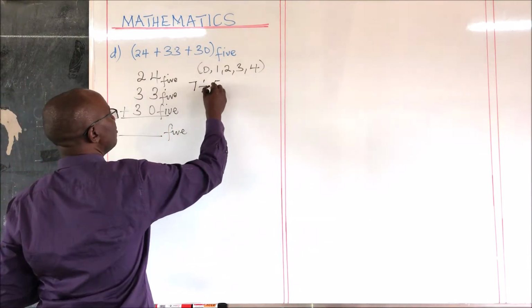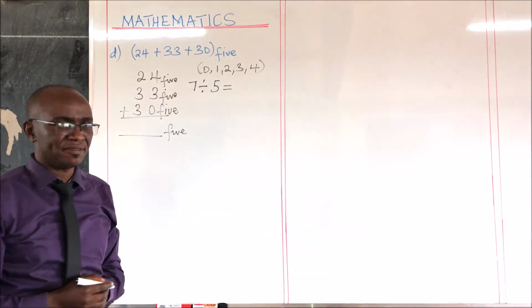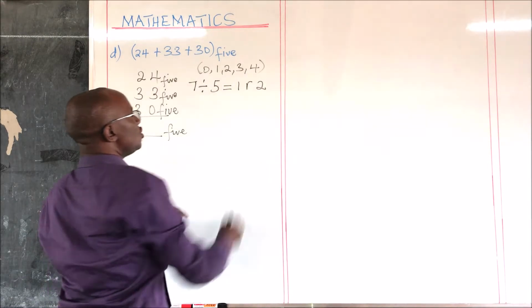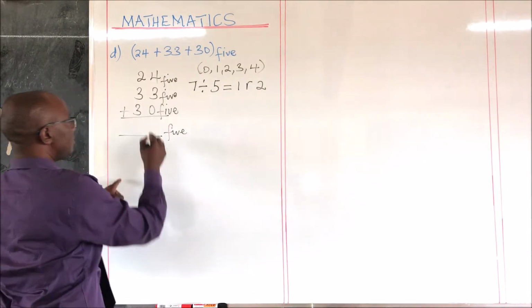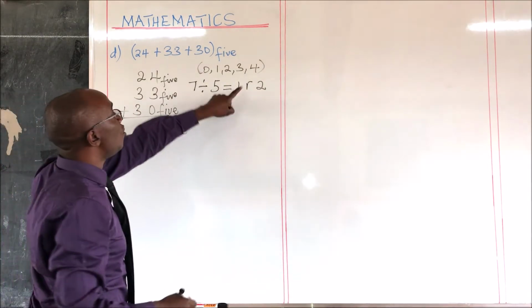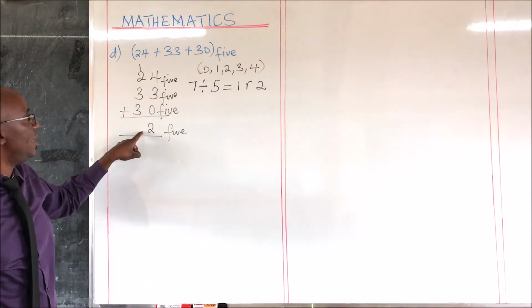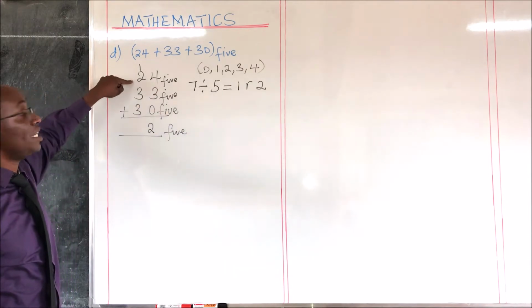When you divide 7 by 5, what do you get? You get 1, remainder 2. So now you write the remainder and then you carry the whole number to the next place value.